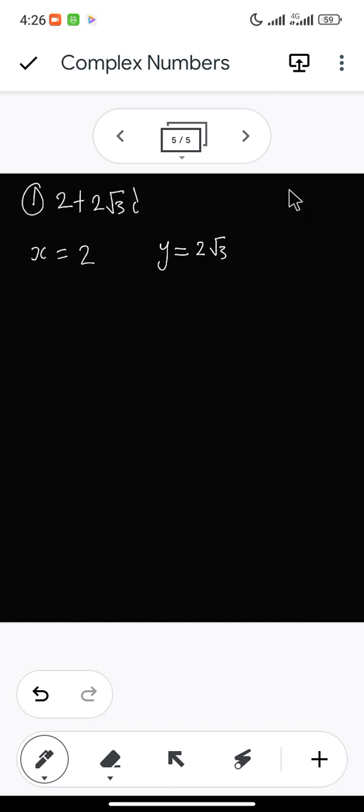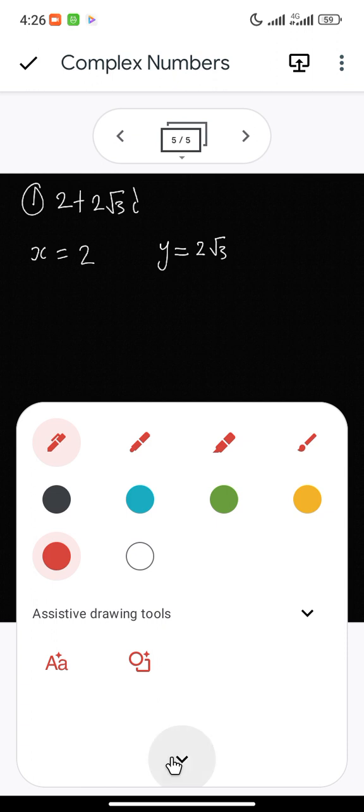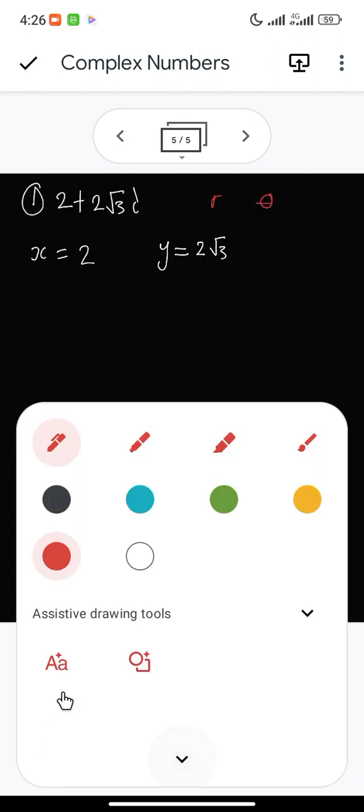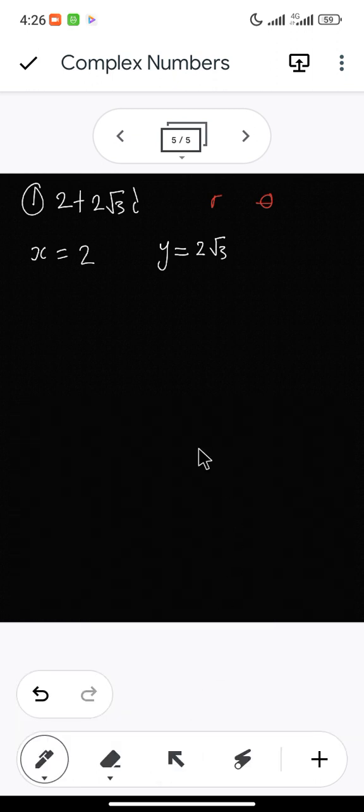Now the first thing, remember we're going to look for the polar coordinates r and theta. So we're going to look for r first.